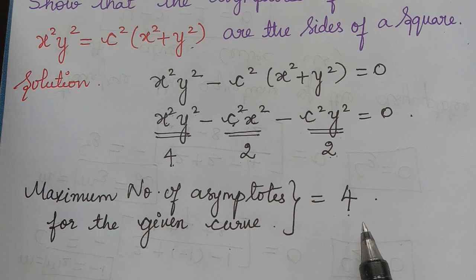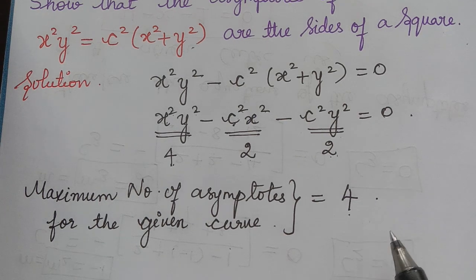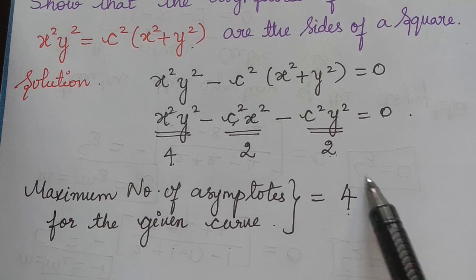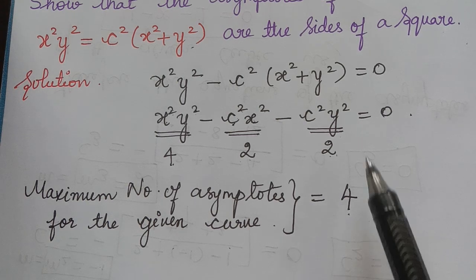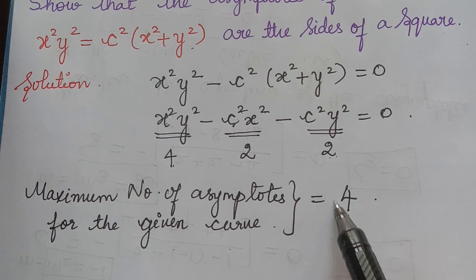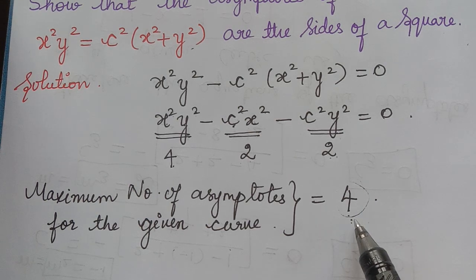For that, first of all, we have to check the existence of parallel asymptotes, for which we have to see whether the term with the highest power of x exists in the curve. That is, what is the highest degree? The degree is 4. Now we have to check, do we have a term with x power 4?